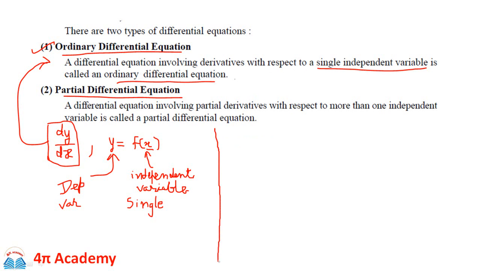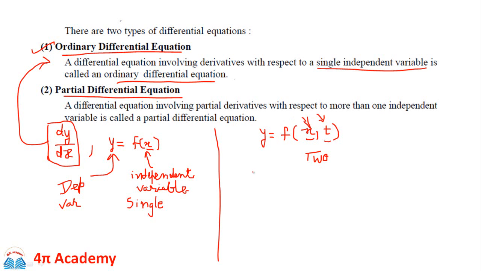Now what is meant by a partial differential equation? If y is a function of more than one independent variable, like y is a function of x and t, so whenever there are more than one independent variables, like here there are two, x and t, then y depends on the change in value of x as well as on the change in value of t.